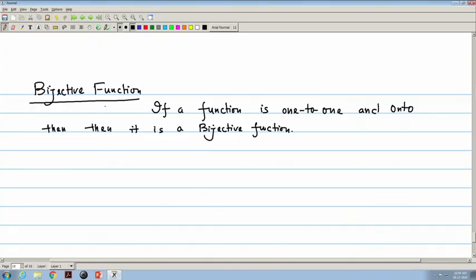So, for bijective, the two conditions must be added. This is a conjunction of the two conditions of bijective: the onto function and the one to one function.